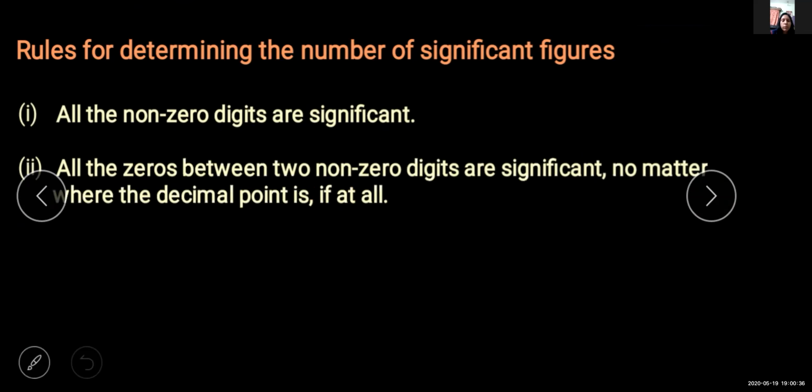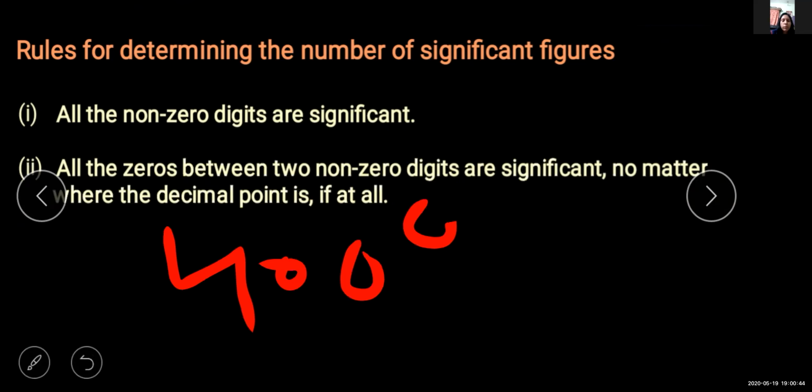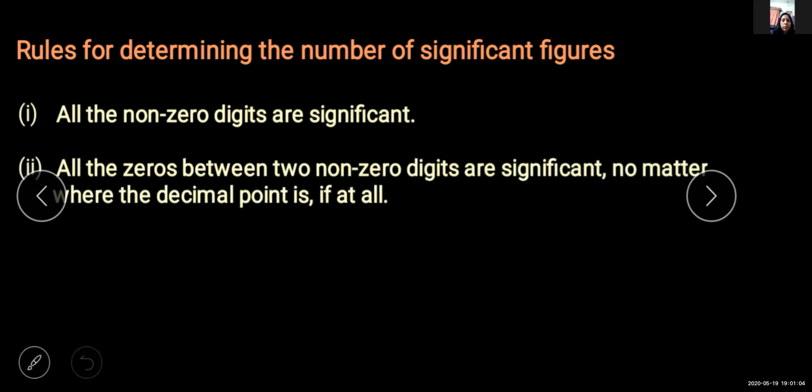If we write the number 4.0923, here the significant digits are 1, 2, 3, 4, 5. We have 5 significant digits. The 0 between 4 and 9 is also a significant digit. I hope these 2 points are clear to you.